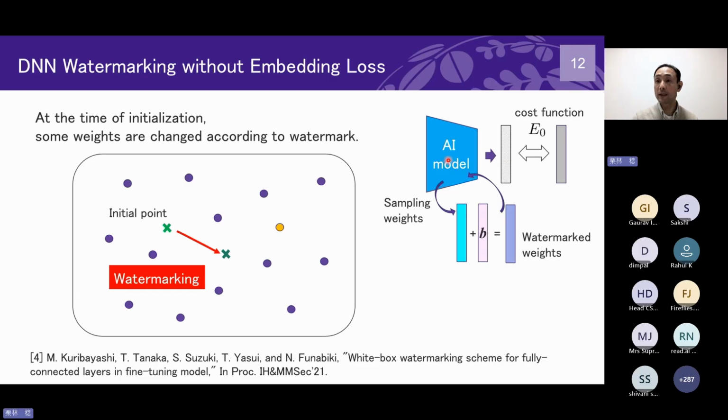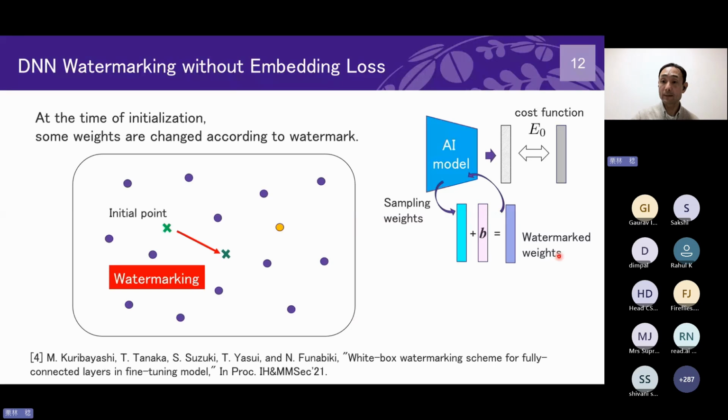In this case, the model is trained using the original cost function, and some parameters are sampled from the model. Then the watermark weight parameters are produced and replaced with the original weight parameters. So we are just doing this operation.